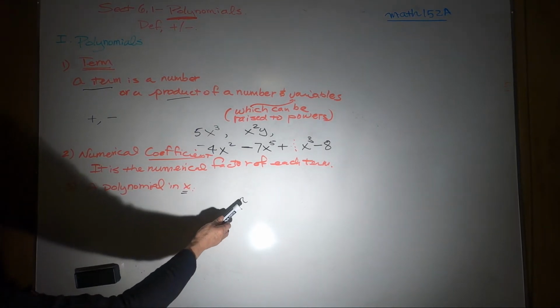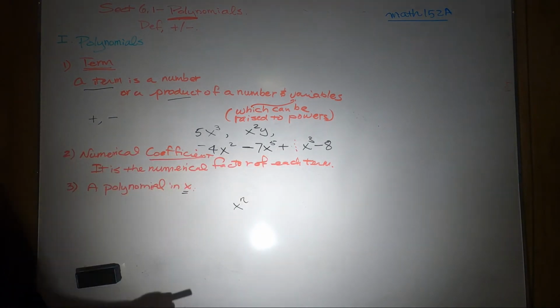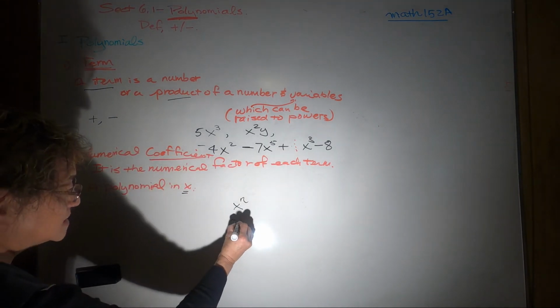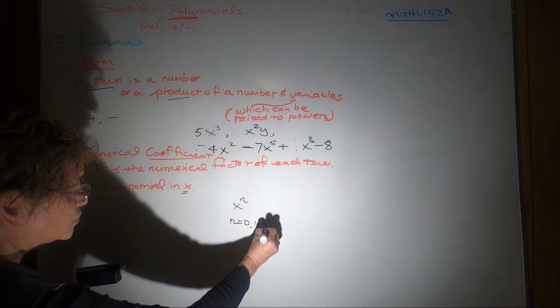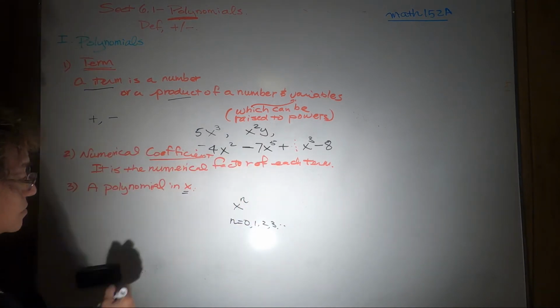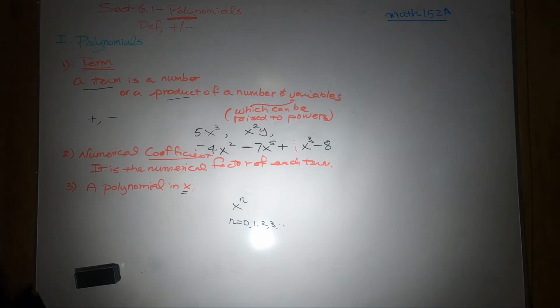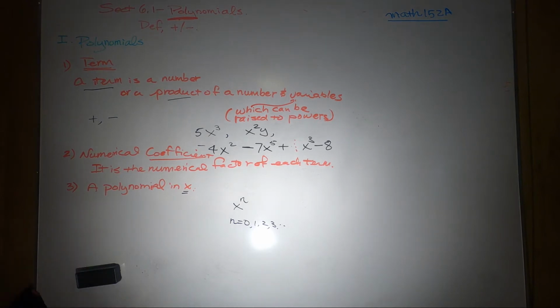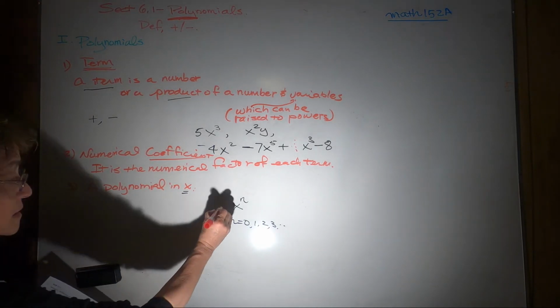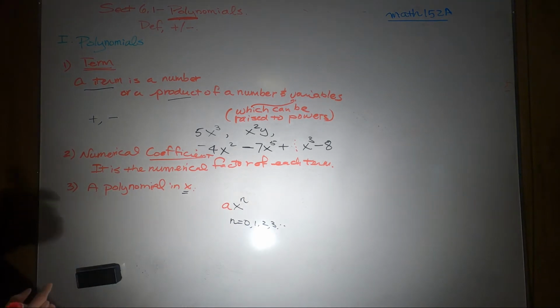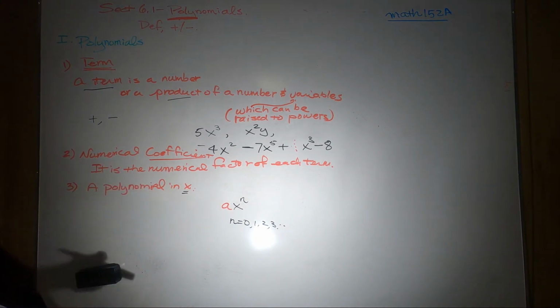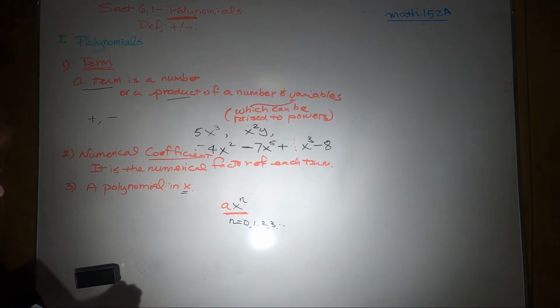Power can be what? 1, 2, 3, 4, you know, and maybe 0. 0, 1, 2, 3, 4, right? Like those. Multiple of x's. So multiplication of x itself, x with exponent, right? So each term will look like that. At the same time, you might have a coefficient in front of it. So each term will look like this.